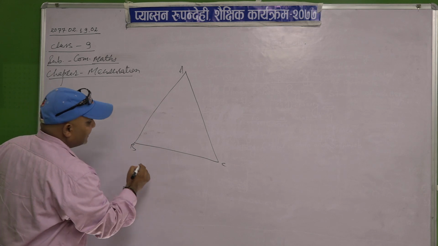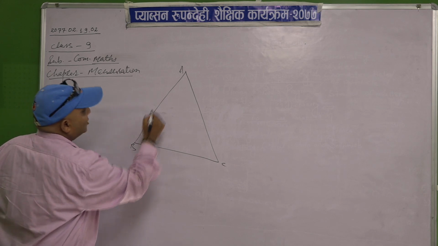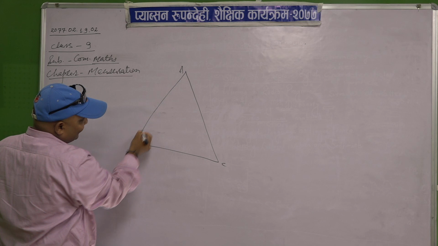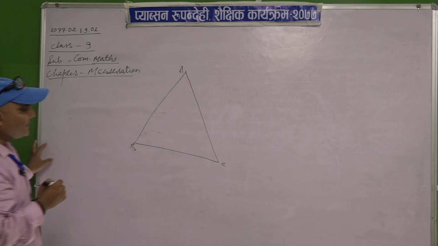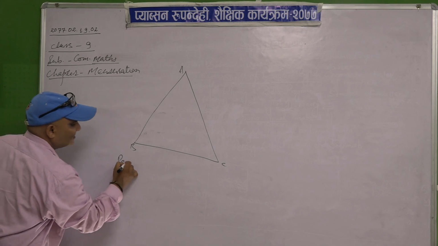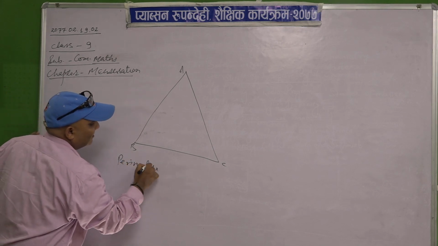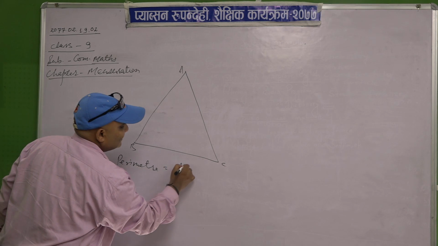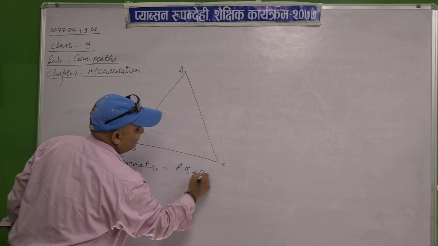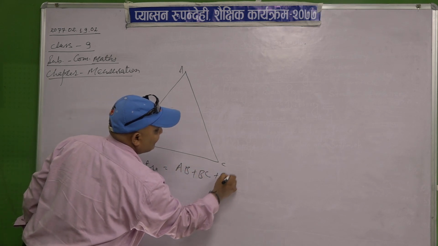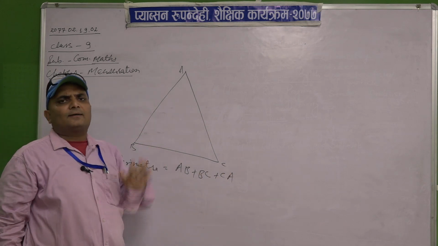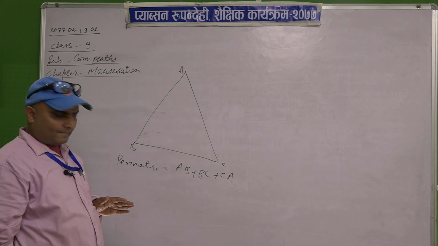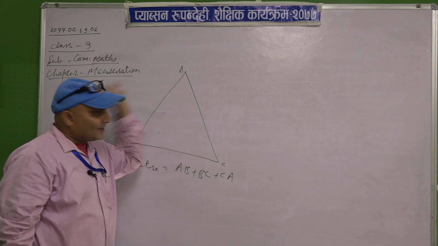What is perimeter? I have told you simply that it is the sum of all boundaries. If you add all these boundaries, then you will get the perimeter. Perimeter means sum of all boundaries, that is AB plus BC plus CA. If you add all these three lines, you will get the perimeter, and the word used is perimeter.